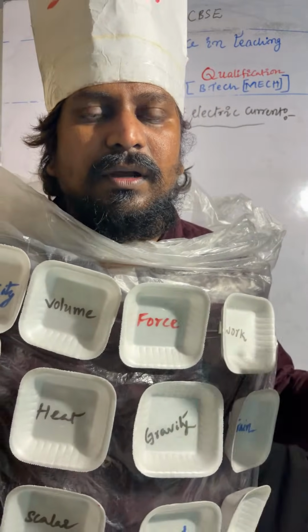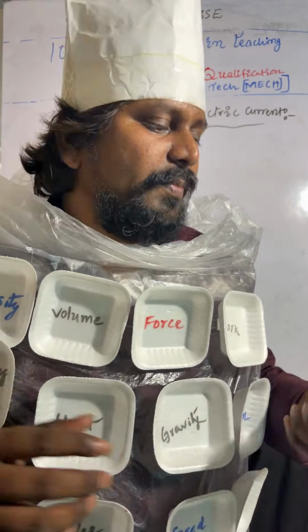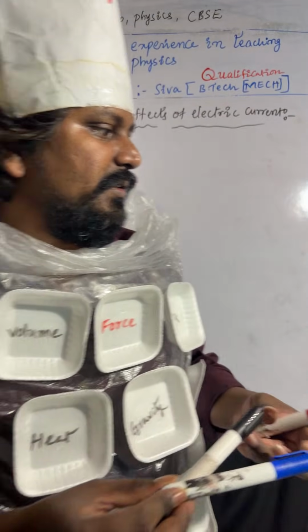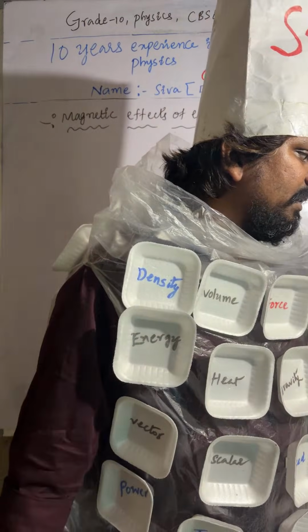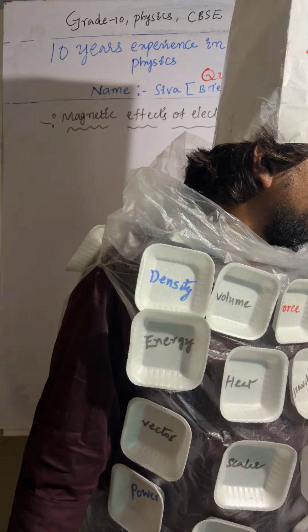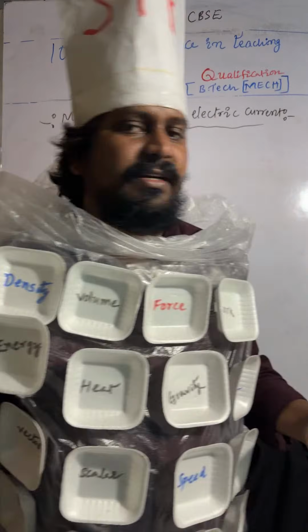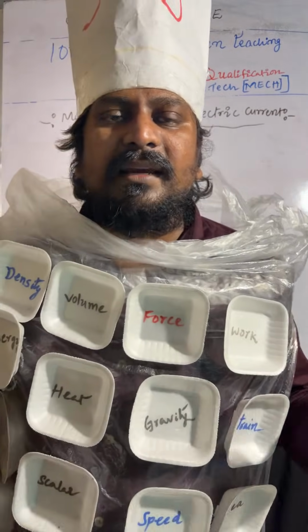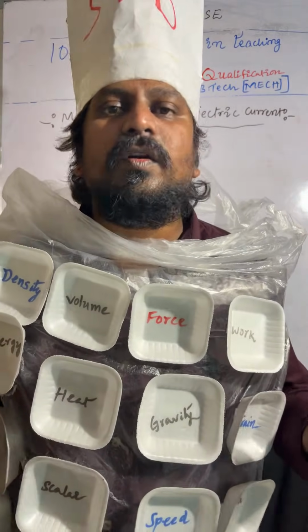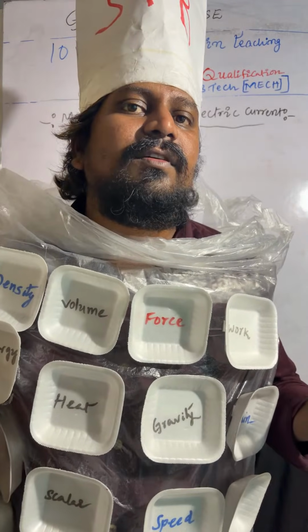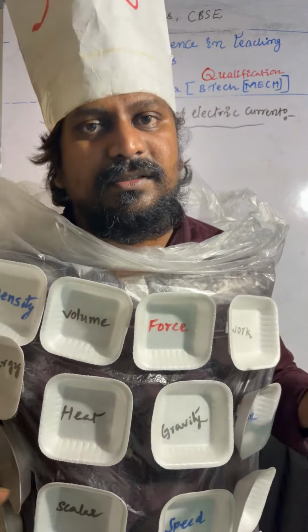Now we'll discuss magnetic properties. The natural magnet is magnetite, which occurs in the earth's crust. Magnetite is a natural magnet or lodestone. What is the meaning of lodestone? It's like a leading stone.